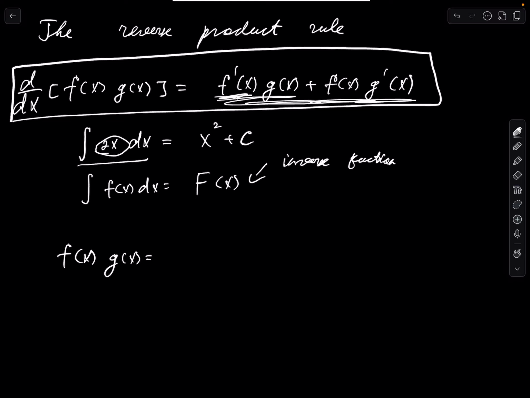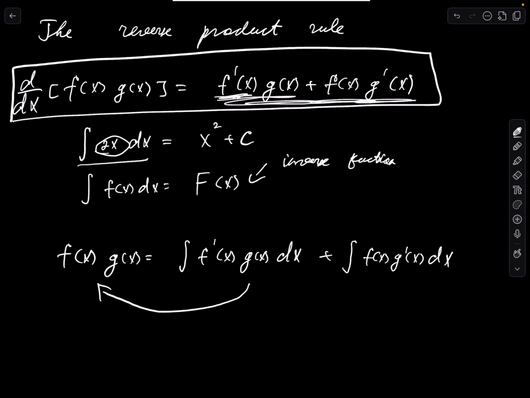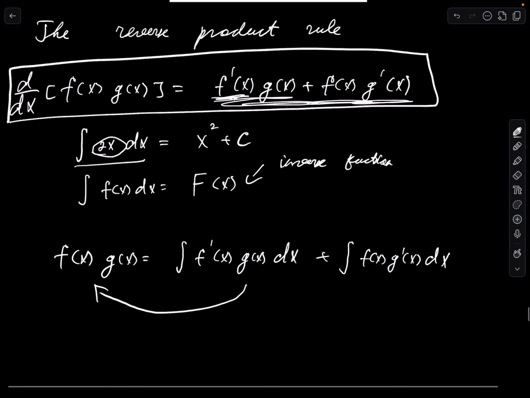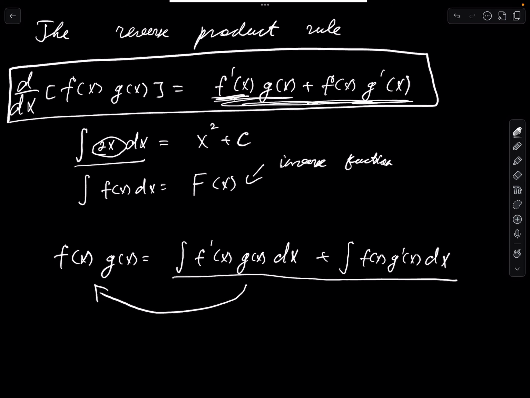So we can say that the integral of f prime of x times g of x dx plus the integral of f of x times g prime of x dx will get us back the product. And it works because the integrals here are the inverses of the derivative of the product of two functions.